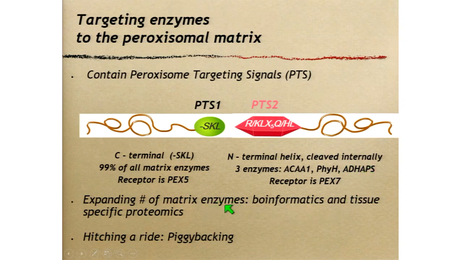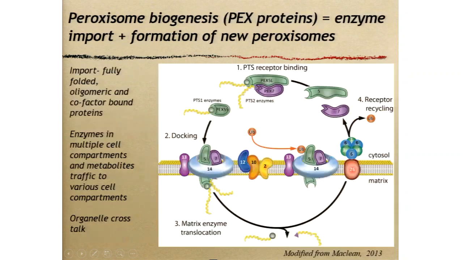And as I mentioned, there's an expanding number of matrix enzymes, and this comes from both bioinformatics that looks for these targeting signals, but also tissue-specific proteomics. And then there are also examples of matrix enzymes that don't have a targeting signal, but actually hitch a ride onto the back of the PTS1 and PTS2 enzymes, which is called piggybacking.